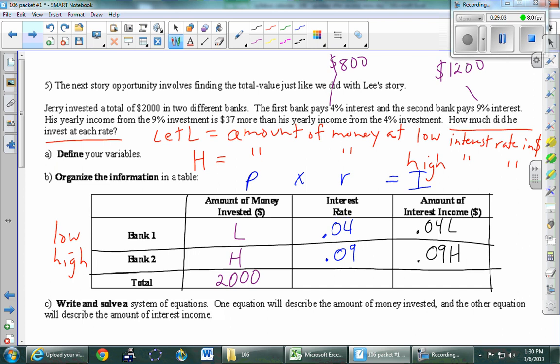So there is a relationship given, but it's not that. So I'm going to cross off the total because I don't know what the total is that we earned. I know we had 2,000 to start with, but I don't know the total of the interest that we earned. The interest rate total, it doesn't make sense to add 4% and 9%, so we'll cross that off too. Don't feel like you're obligated to fill everything in the table. The table is just supposed to help you. Some of the blanks don't get filled in.